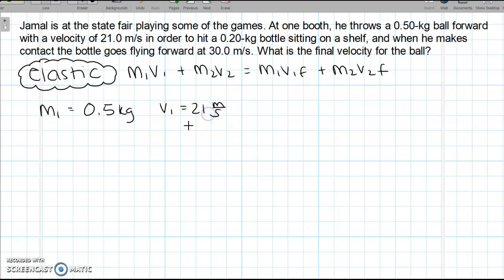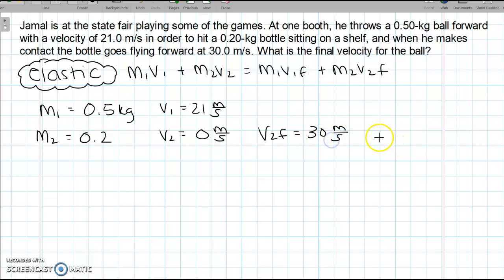So that is the initial velocity of the ball in order to hit a 0.2 kilogram bottle. So that's going to be our mass 2, and it's sitting on the shelf. So initially it's not moving. So that's going to be 0 meters per second. And when it makes contact, the bottle goes flying forward with 30 meters per second of velocity. So V2 final after the collision is 30 meters per second. And we want to know what's the final velocity for the ball.